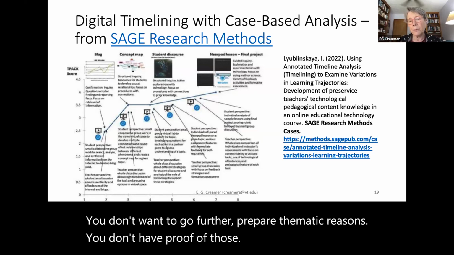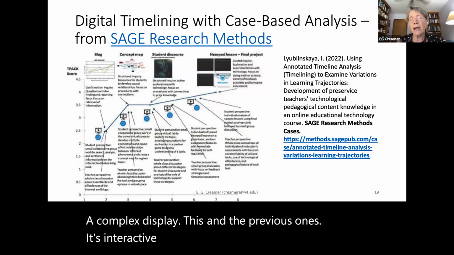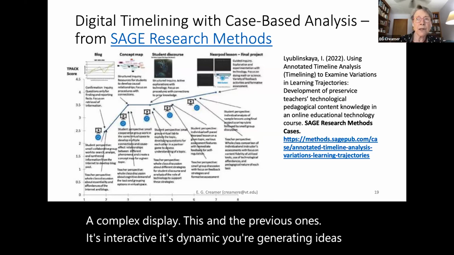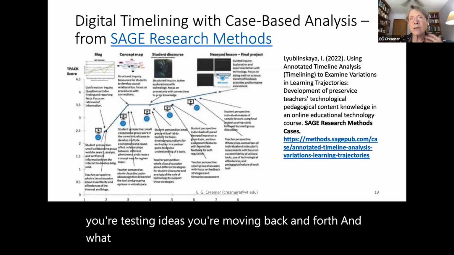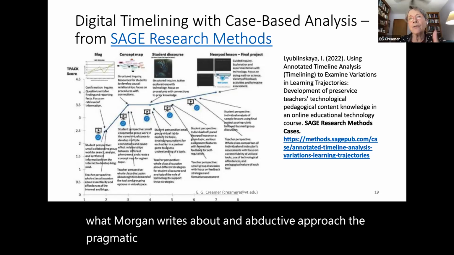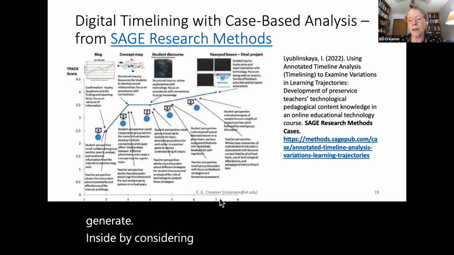A complex display like this and the previous one is interactive, it's dynamic. You're generating ideas, you're testing ideas, you're moving back and forth in what Morgan writes about, an abductive approach, the pragmatic adaptive approach. You're trying to generate insight by considering multiple types of data.